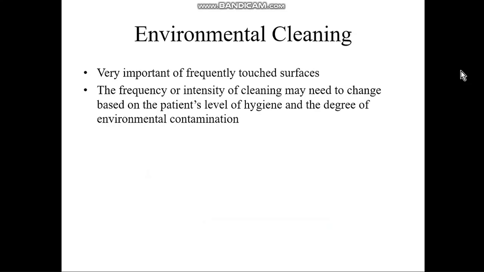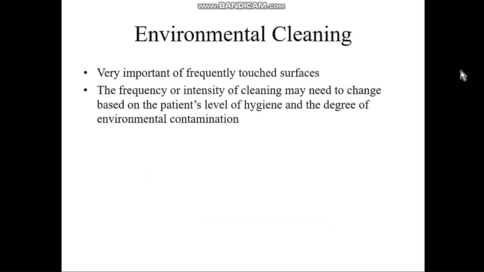The frequency and intensity of cleaning may need to change based on the patient's level of hygiene and the degree of environmental contamination. Frequently touched surfaces, especially those closest to the patients, should be given priority for cleaning, and these include bed rails, bedside tables, commodes, doorknobs, sinks, etc.